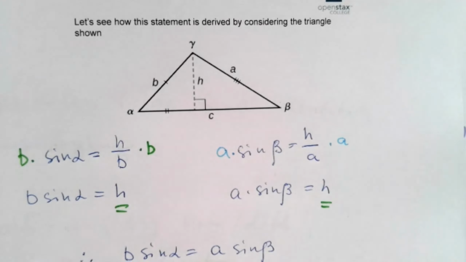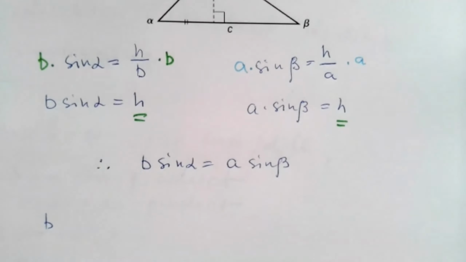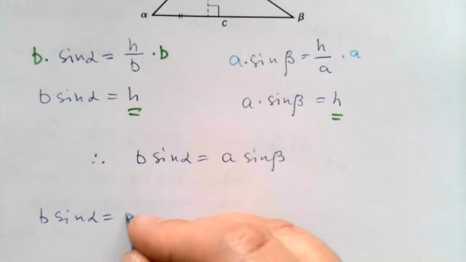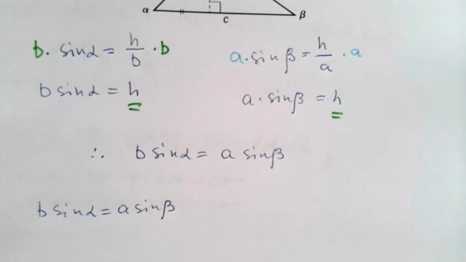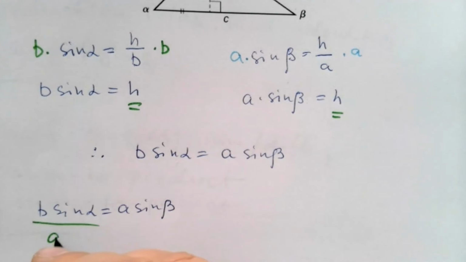From here, we can conclude that b sine alpha equals a sine beta. I'm going to copy this statement, b sine alpha equals a sine beta, and now divide both sides by a times b.